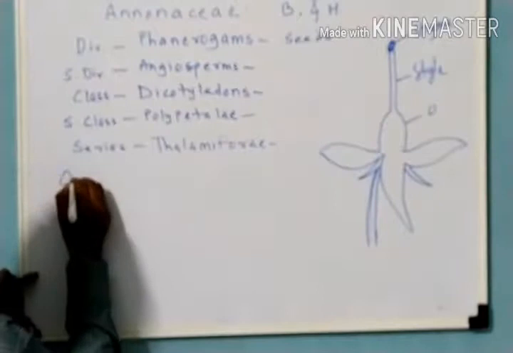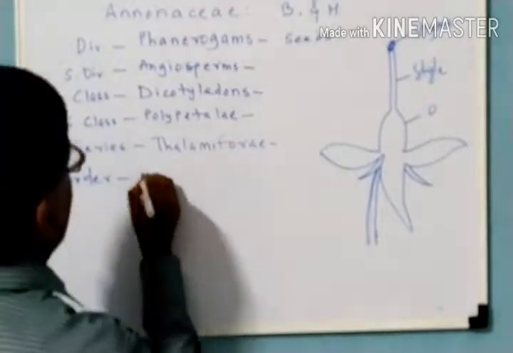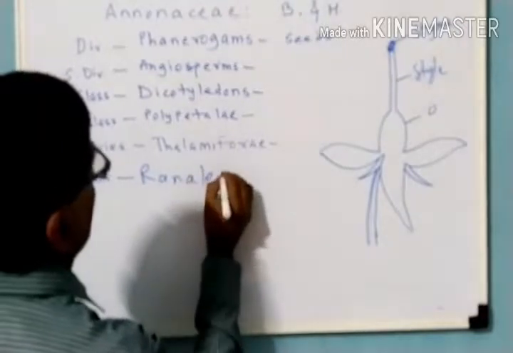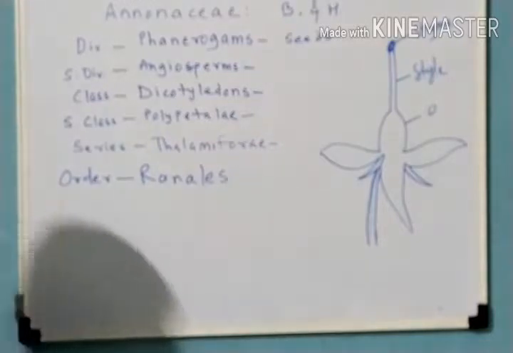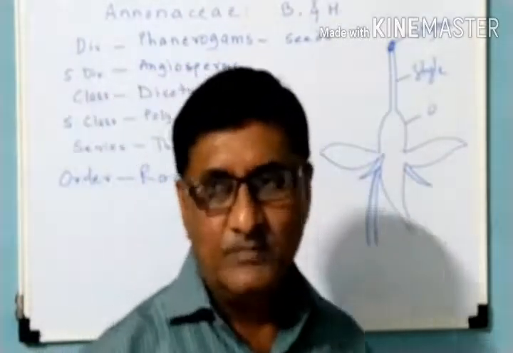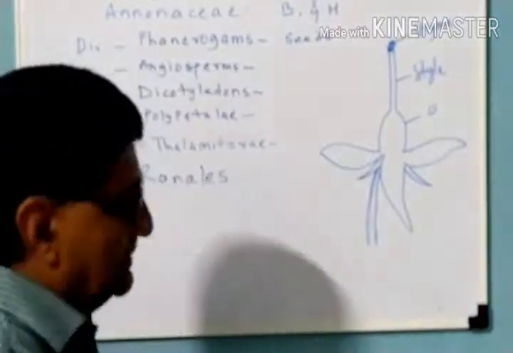Then order. The order of this particular family is Ranales. Order Ranales. So the reasons for order Ranales are stamens are free, carpel one to many, and they are apocarpous type. So what is meant by many stamens?